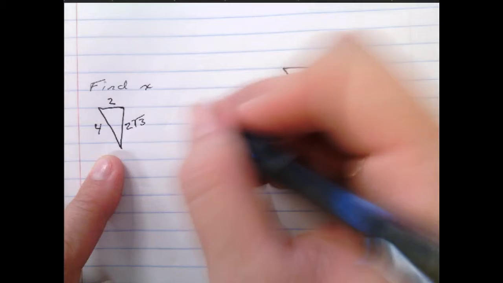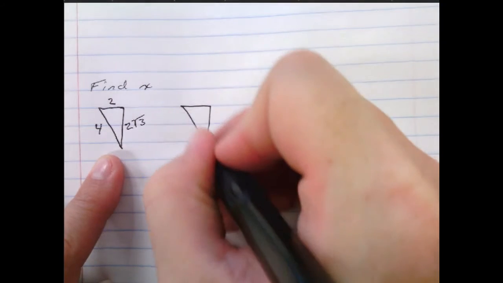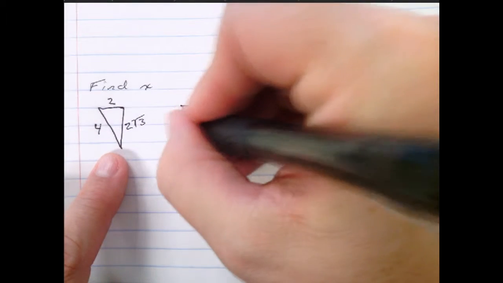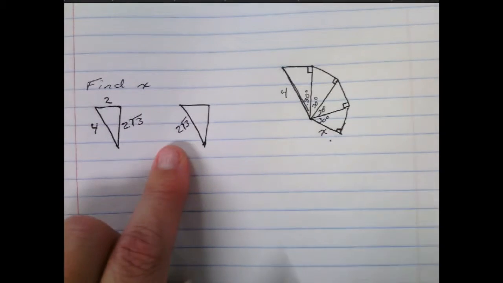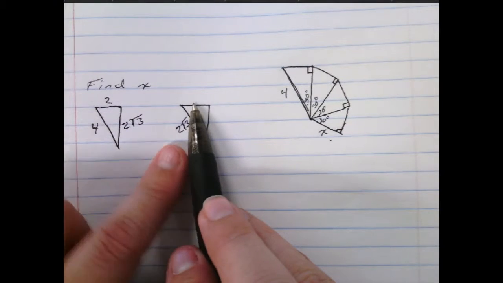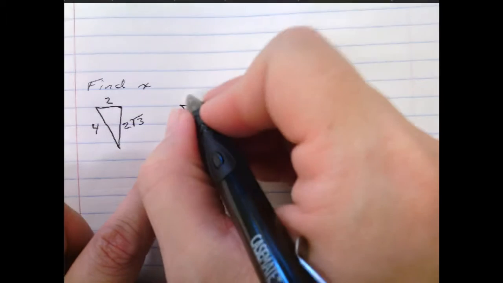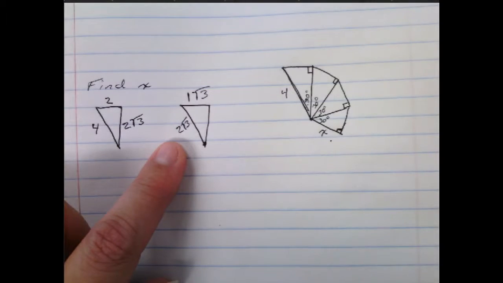So I'm going to go on to the next one. And yes, I realize they're all looking the same size, and that's fine. So my hypotenuse here is 2 square root of 3 this time. So now I'm going to find my shorter side. I'm going to divide by 2. So what is 2 divided by 2? So that would be 1 square root of 3.